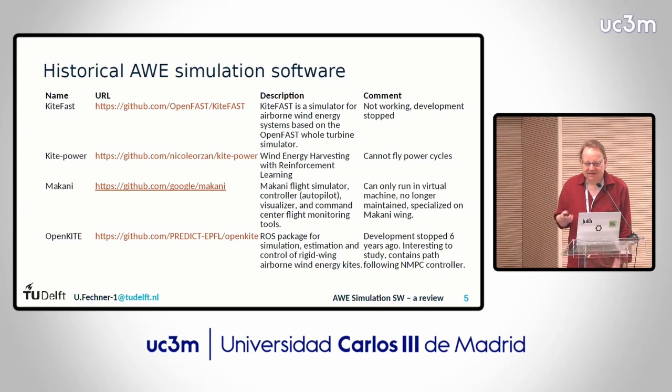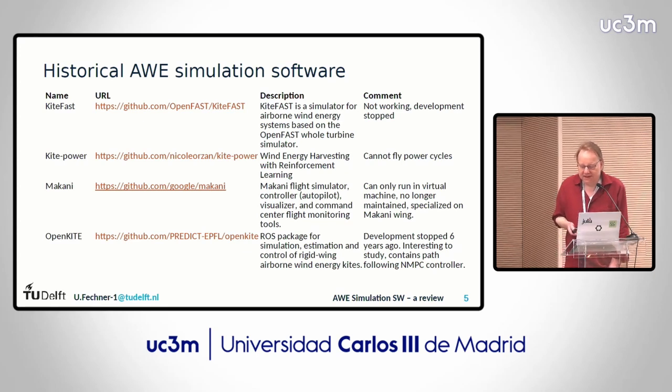Yeah, I say it's historical because you can only run it in a virtual machine. It's no longer maintained, and it is specialized on the Makani wing. So of course, because it's open source, you can say, I try to reuse some parts of it, make a fork, and update the dependencies. Yeah, it's possible, but so far I think nobody did this.